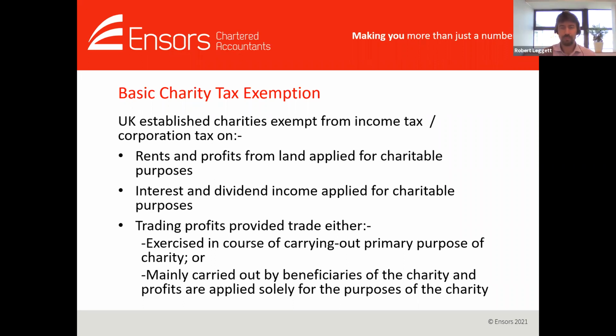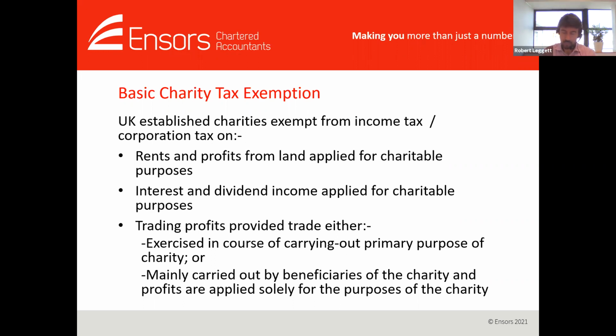And that's specifically rents and profits from land that are applied for charitable purposes, interest and dividend income also applied for charitable purposes, and trading profits, but only provided that the trade is either exercised in the course of carrying out the primary purpose of the charity or mainly carried out by beneficiaries of the charity. And in both cases there, the profits are applied solely for the purposes of the charity.